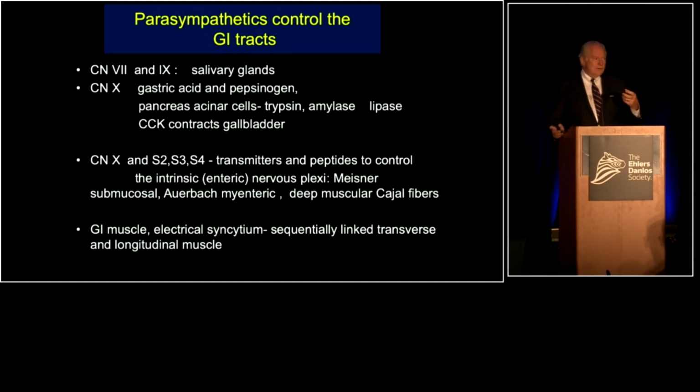Then the vagal nerve stimulates all of the bowel, all of the small intestine, and all of the large intestine to the splenic flexure. That's the point of the large bowel right under the spleen on the left. And thereafter, it's the sacral nucleus at S234 that governs the function of the GI system below, down to the rectum.